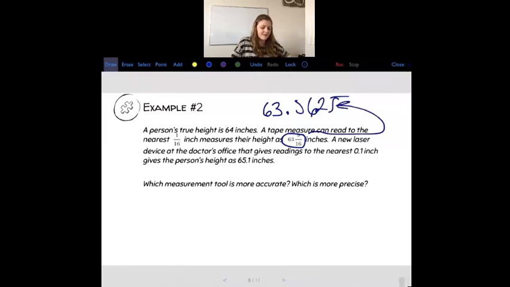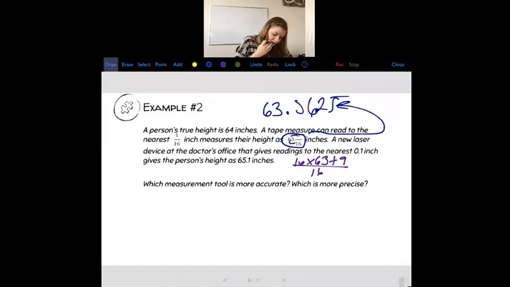The other way to do it is to change 63 and 9/16 to an improper fraction and then do that in your calculator. To change it, you take 16 times 63, you add 9 to it, and then you put it over the denominator of 16. Okay, so either way will work for those. All right, so which measurement tool is more accurate, which is more precise?